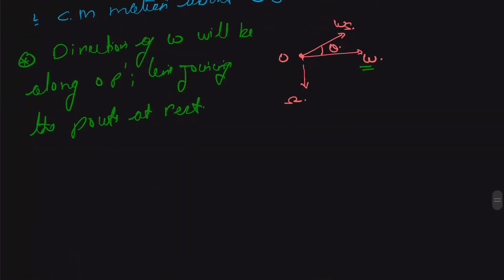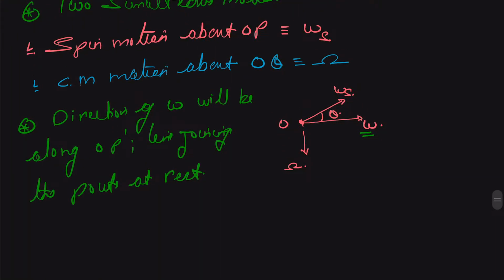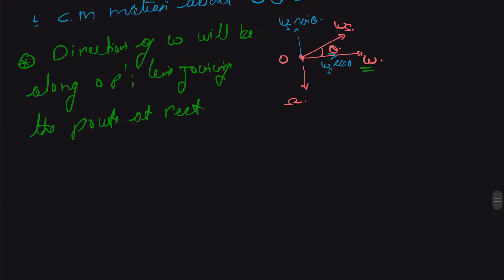And so we can divide this omega s into 2 components. One will be our omega s cos of theta, and the other component will be our omega s sine of theta. Therefore, we can write that our capital omega is equal to omega s cos of theta, and small omega is equal to omega s sine of theta.